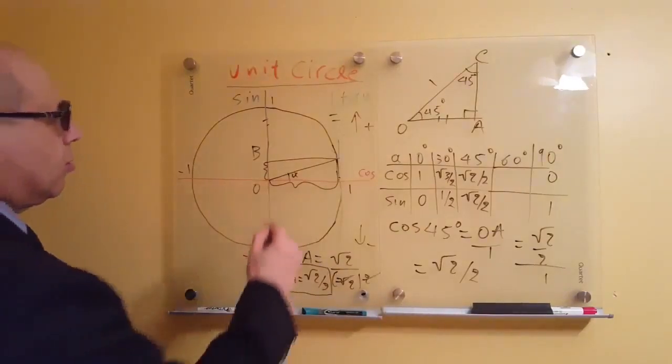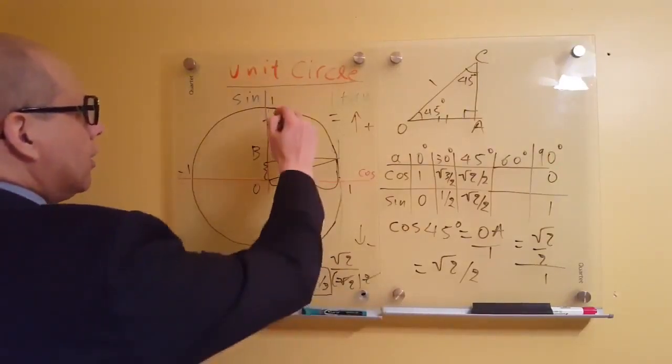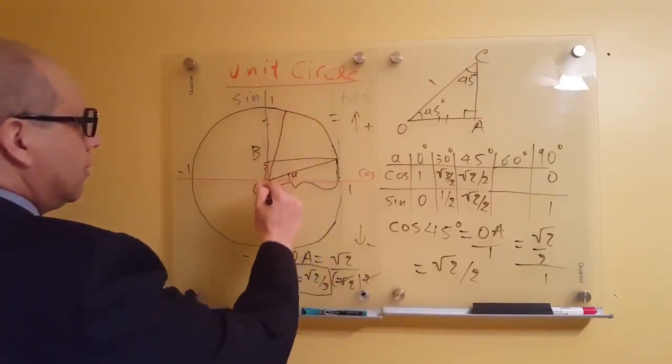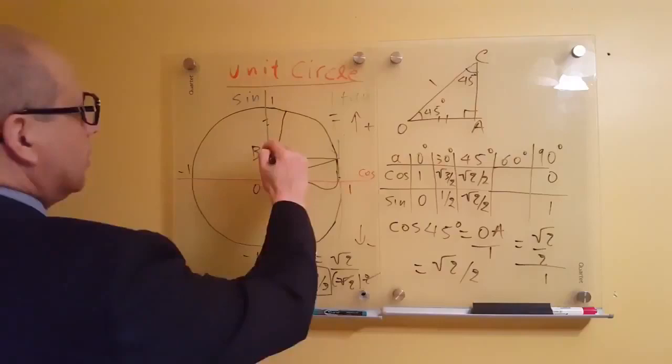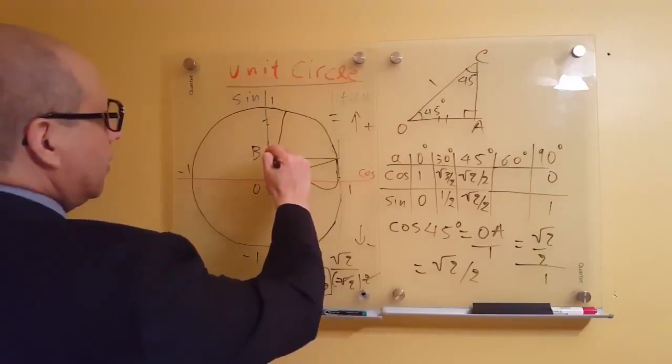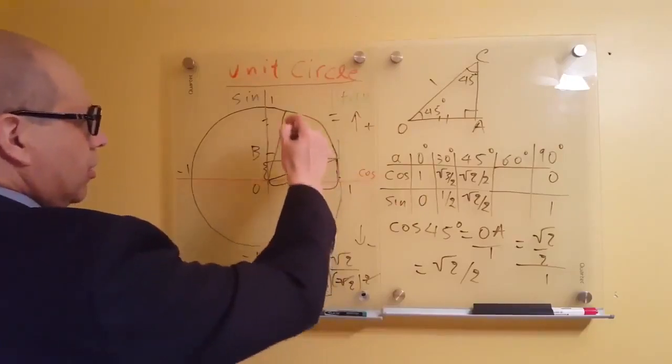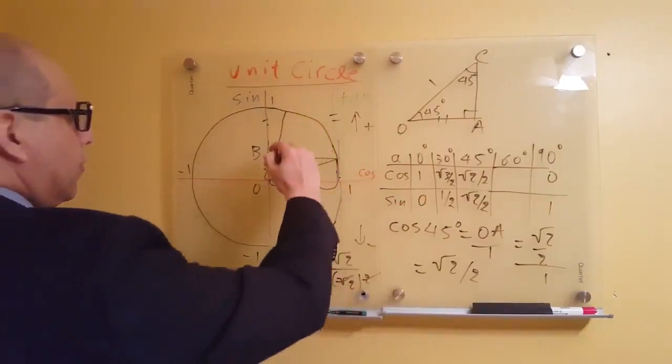So now let's go and draw an angle A here. This is A. So now let's find also the cos and sine of this angle here.